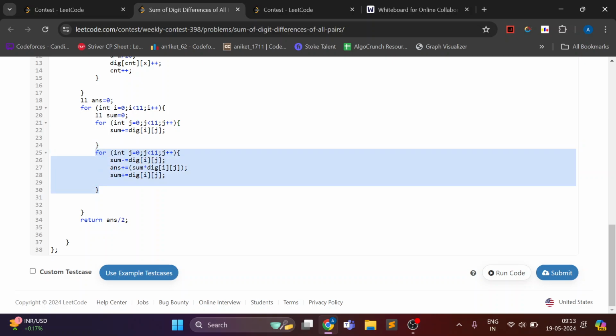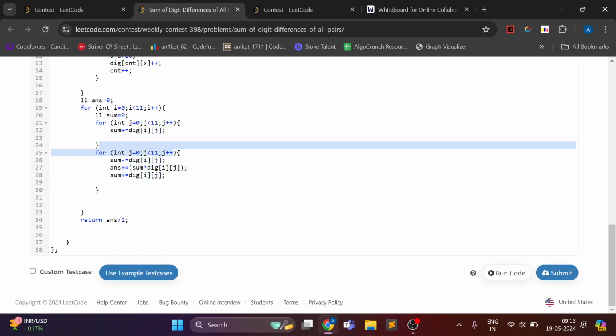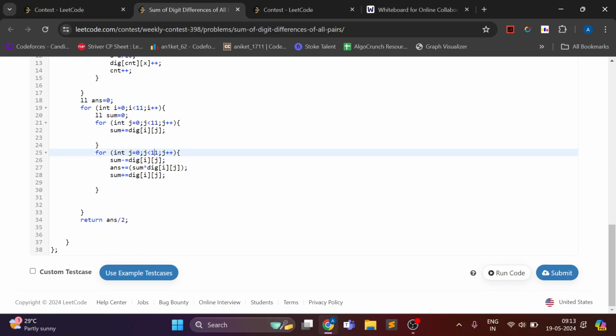Then again I'm iterating over the frequency of all numbers from 0 to 9. I just took 10 for buffer.